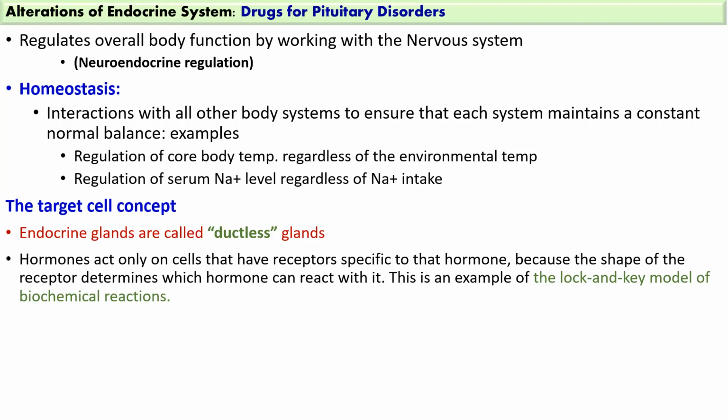And that's what we mentioned previously, that the endocrine system consists of ductless glands. There is no physical connection between the hypothalamus, pituitary gland, or endocrine glands and the target cells.